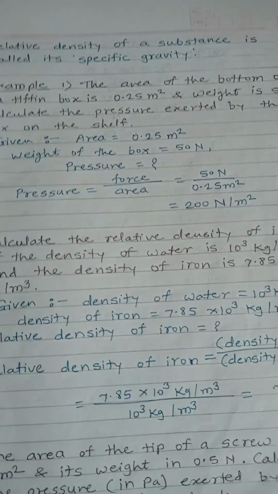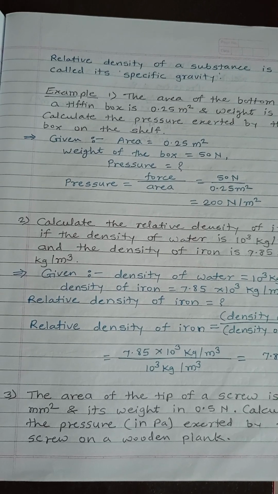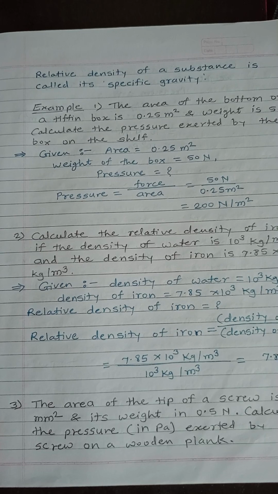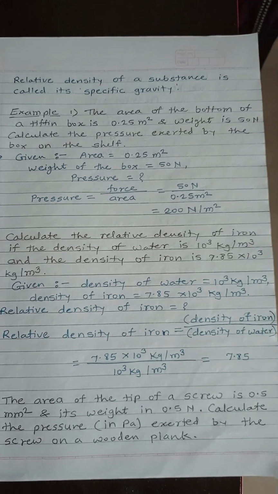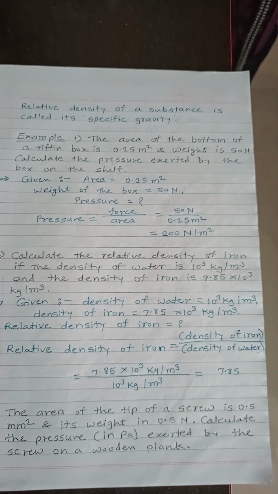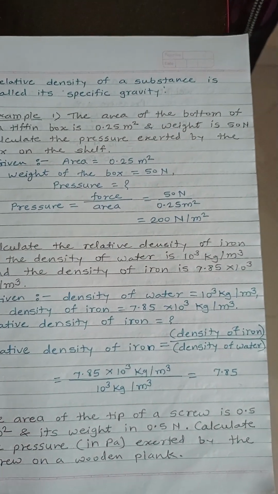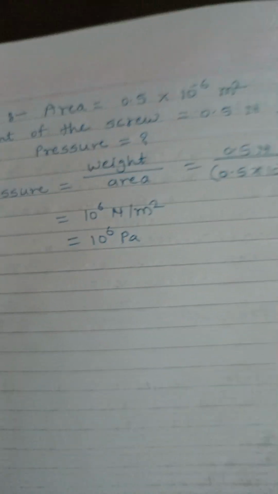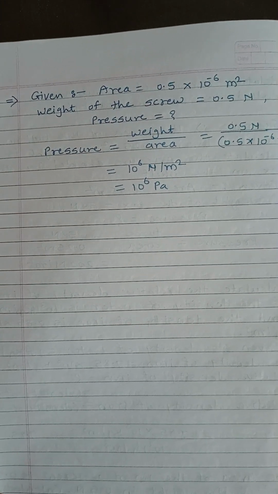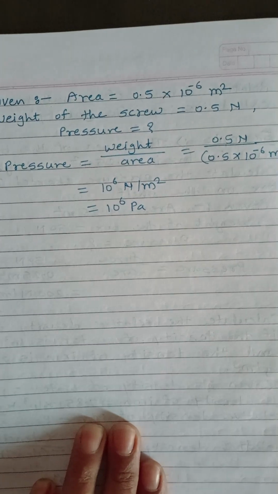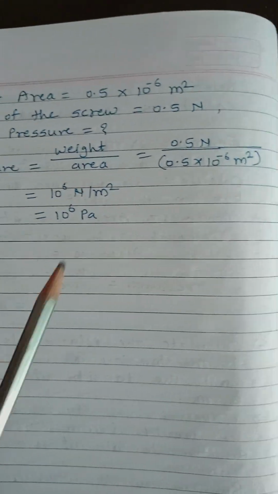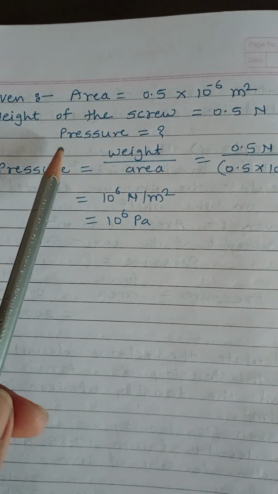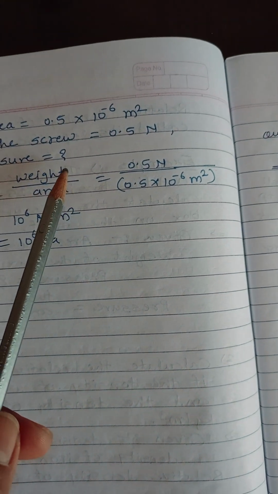Okay. So, next, third. The area of the tip of a screw is 0.5 mm square and its weight is 0.5 Newton. Calculate the pressure in Pascal exerted by the screw on a wooden plug. Now we can see the answer. Given: area is 0.5 into 10 raised to minus 6 m square, weight of the screw is 0.5 Newton, and we need pressure.